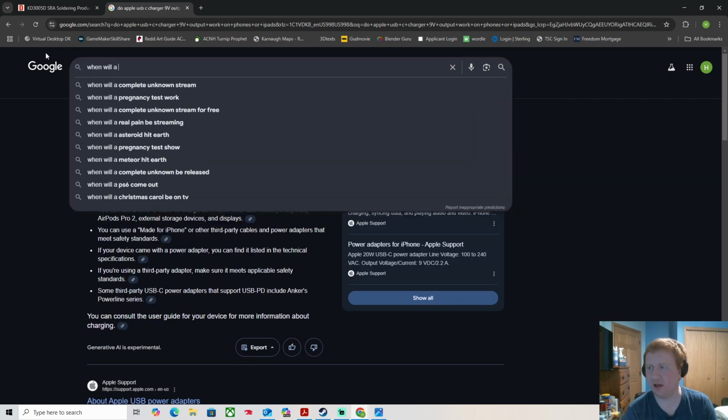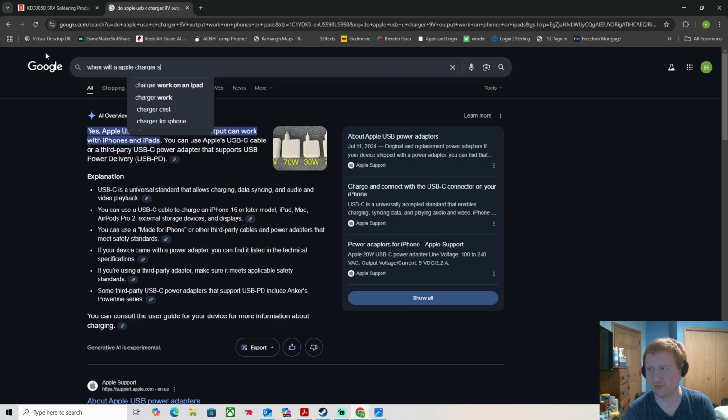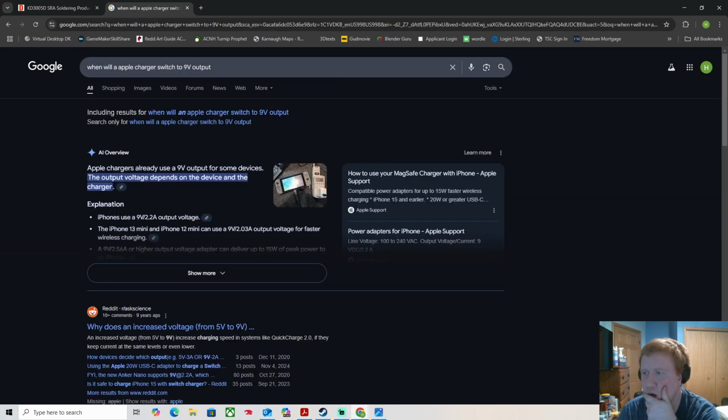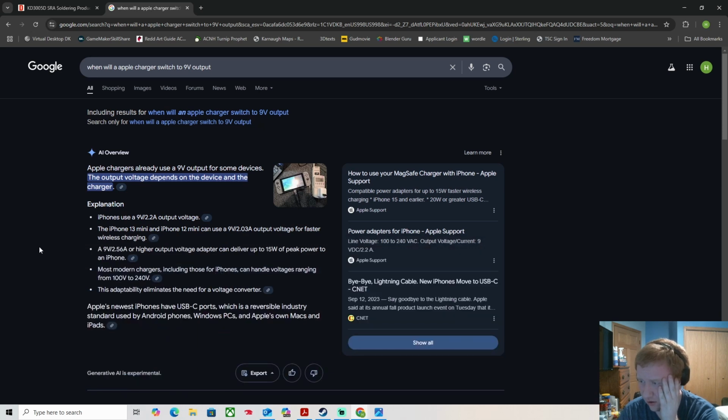When will an Apple charger switch to 9-volt output? Wow, some iPhones use the 9-volt. Oh, for faster charging, that makes sense. I didn't even know that.